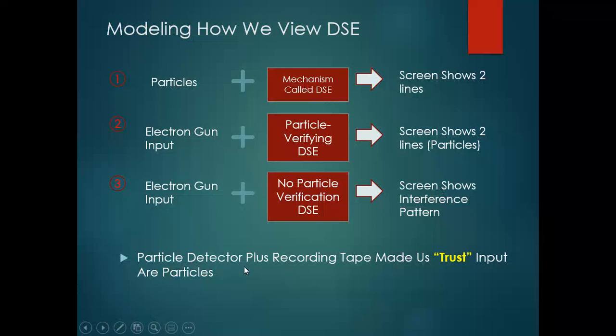So the particle detector plus recording device made us trust the input are particles. That's the whole takeaway. And even though it's the same electron gun output, if we cannot trust the input are particles, then the result is something else.